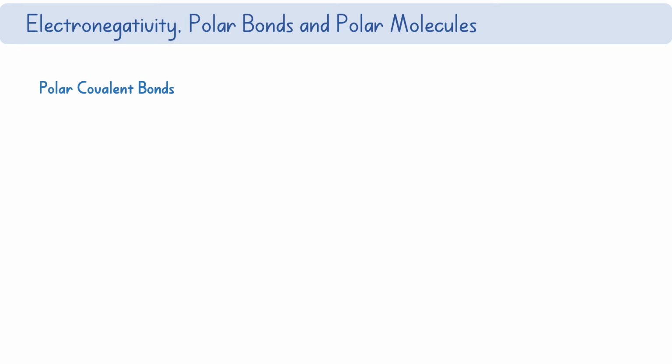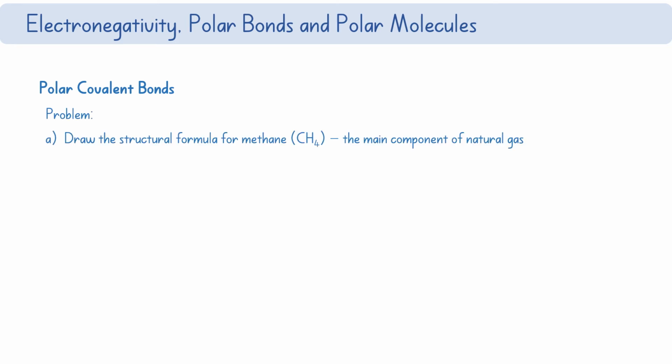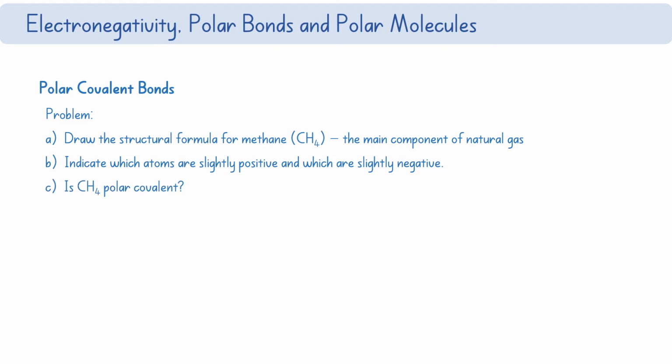Polar covalent bonds. Problem: draw the structural formula for methane, CH4, the main component of natural gas. Indicate which atoms are slightly positive and which are slightly negative. Is CH4 polar covalent? Let's find out. Here's the solution. Start by determining the electronegativity values of carbon and hydrogen.